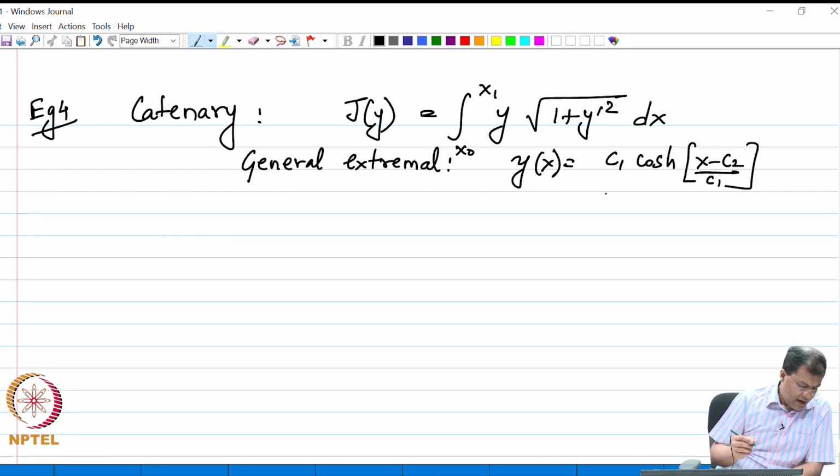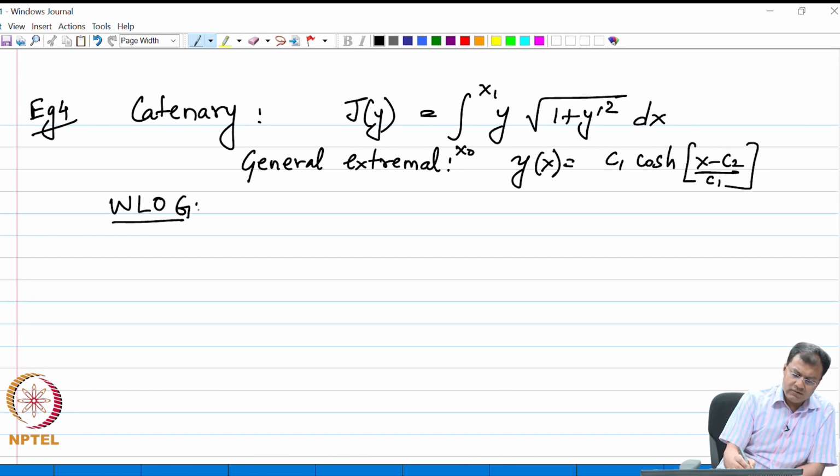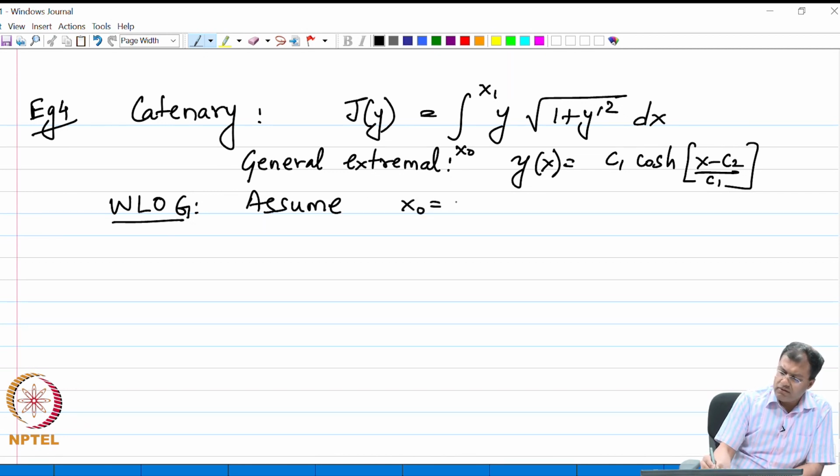Let us now further look at a class of this solution. Without loss of generality, let us assume our boundary conditions x0 to be 0 and x1 to be 1.